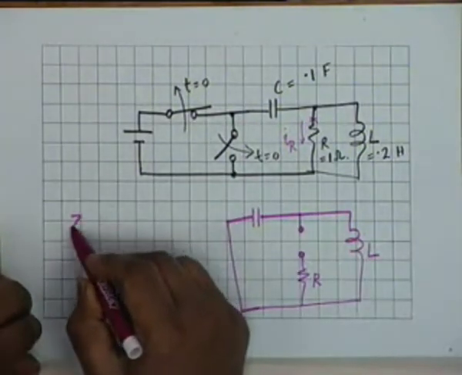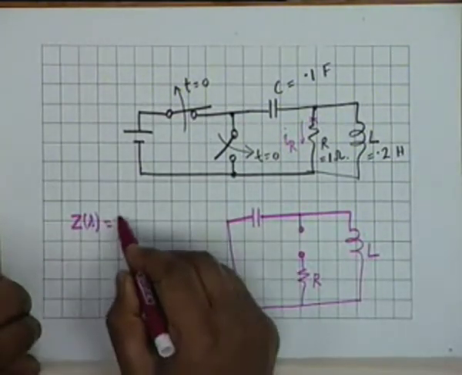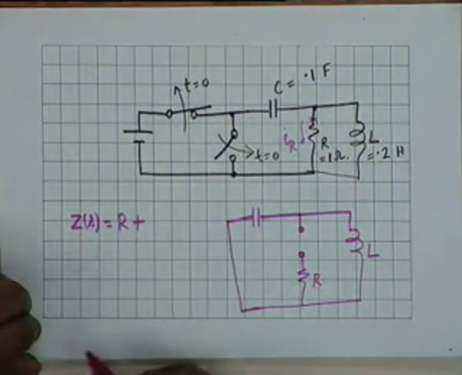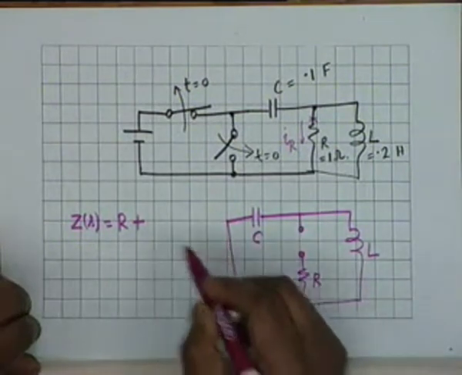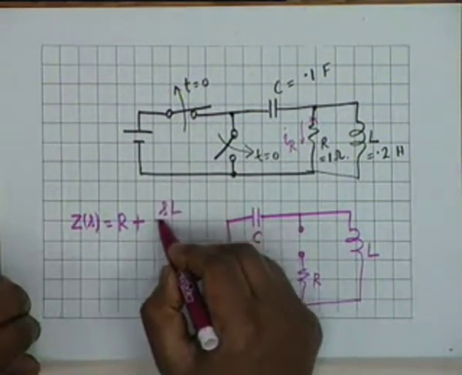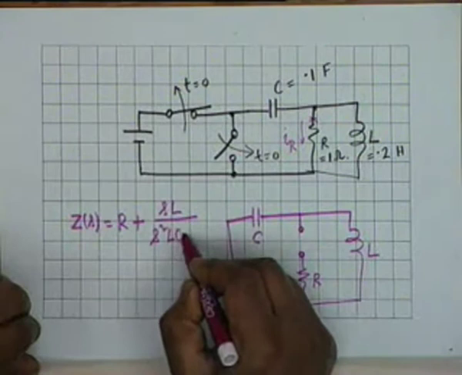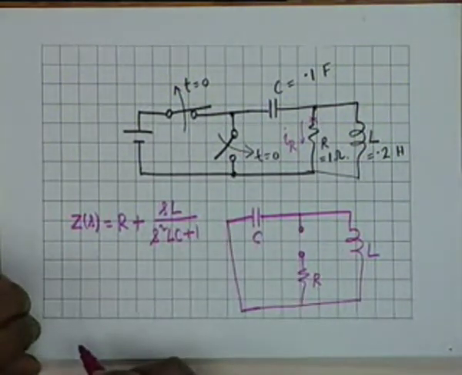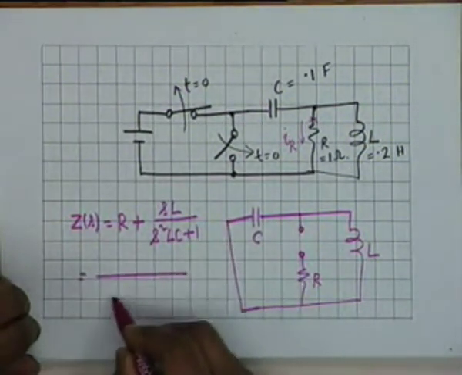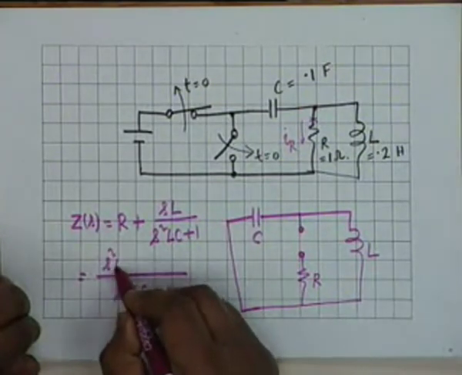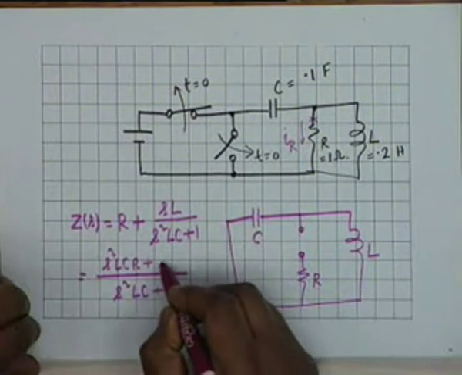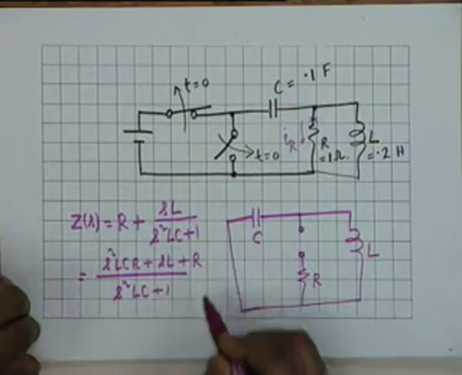The impedance obviously is equal to R plus the parallel combination of L and C, that is SL divided by S squared LC plus 1, which I can write as (S squared LC plus 1) times R plus SL, over S squared LC plus 1.